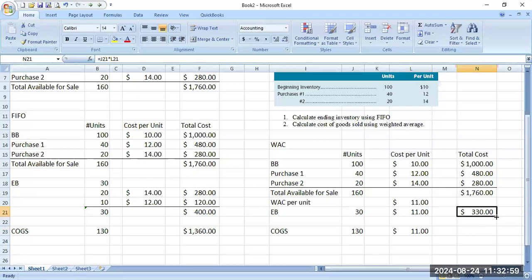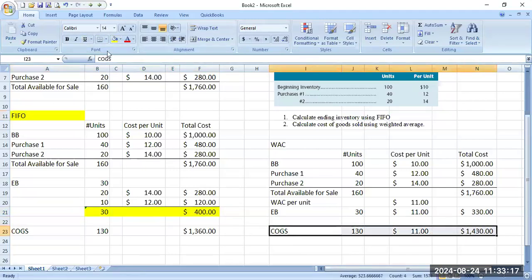How much is the cost of goods sold? $1,430. And that's how you calculate ending balance under the first in, first out, and cost of goods sold under weighted average cost.